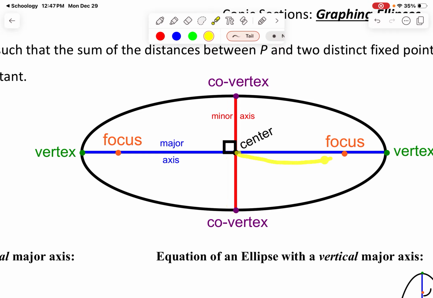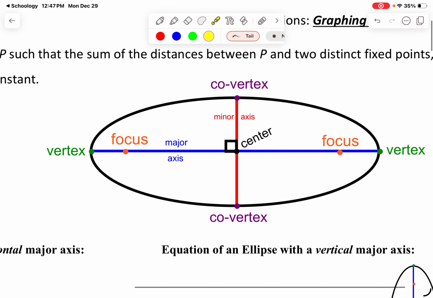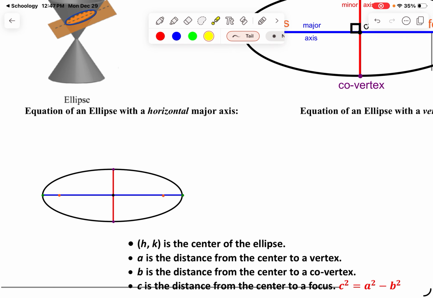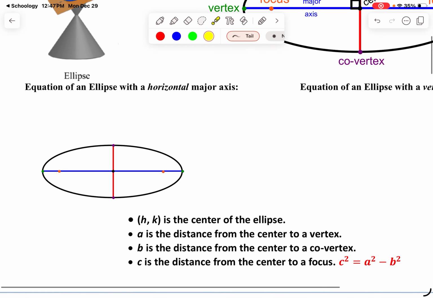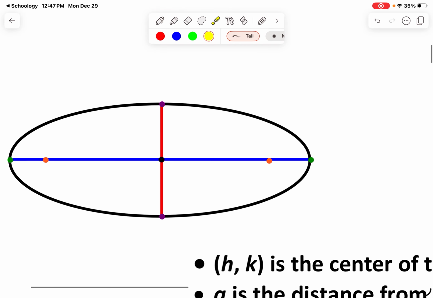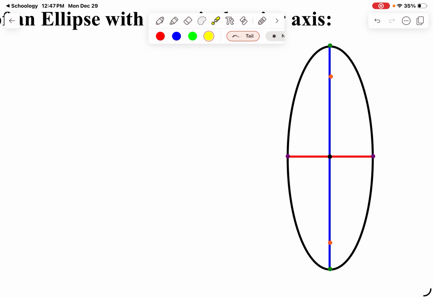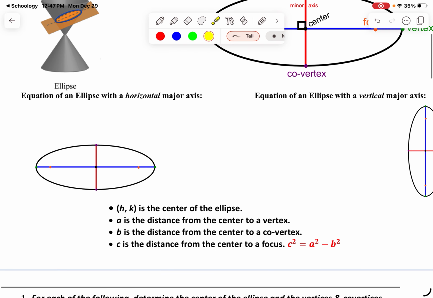The foci are always on the major axis, so they're always by the vertices or by the center. Never by the co-vertices. Here is a horizontal ellipse because the major axis is longer horizontally. And then here is a vertical ellipse, if you want to look at it as Ernie and Bert, okay?